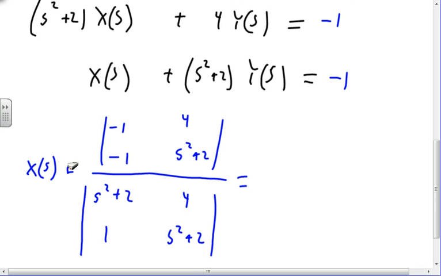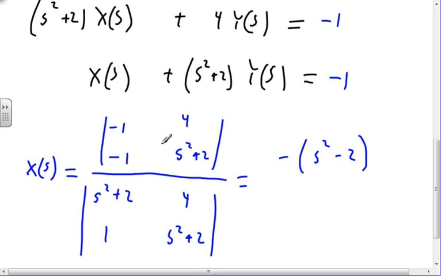Now, because this is for posterity, we're going to have to make that equal sign look better, right? Okay, so on the top I have a minus s squared plus 4 and I've got a plus 4. So I'm going to have a minus s squared minus 2.